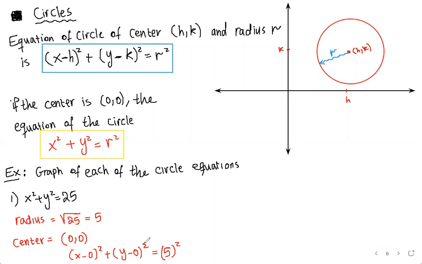So this is exactly like the equation of a circle. So my h here is 0, my k here is 0, my r is 5. So I get now the radius 5 and the center is 0, 0.